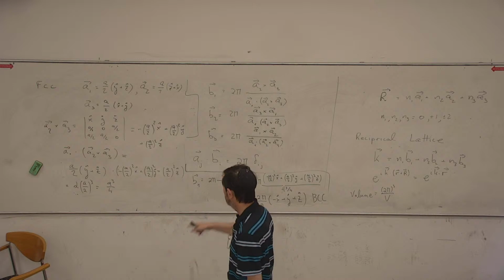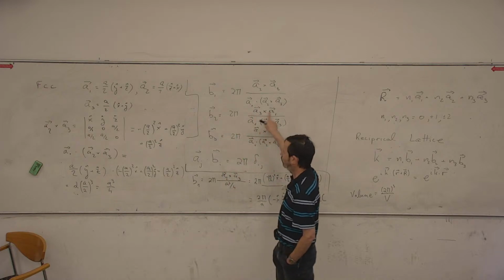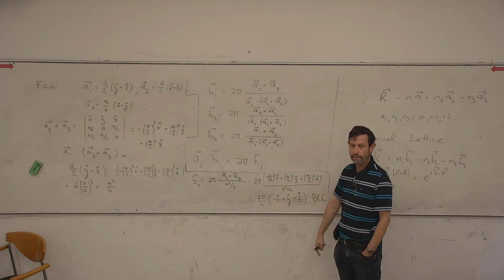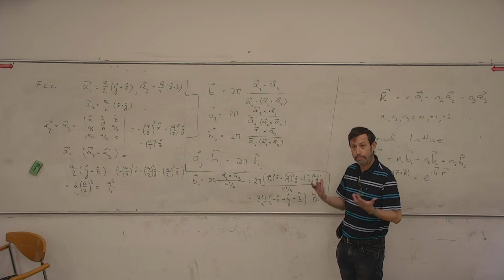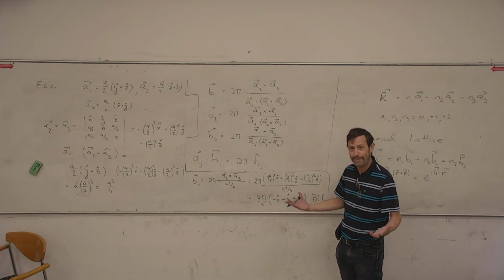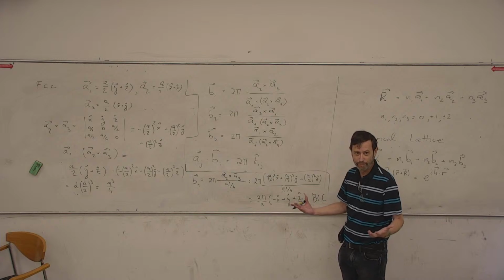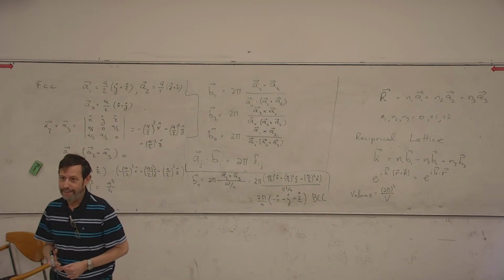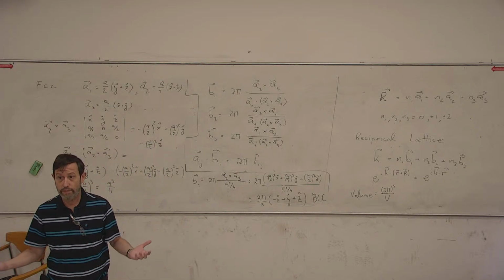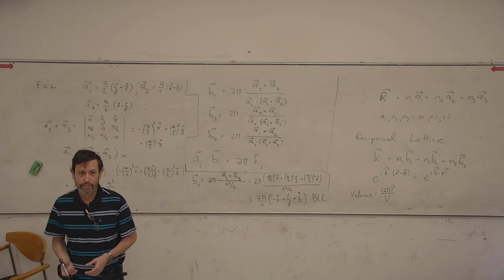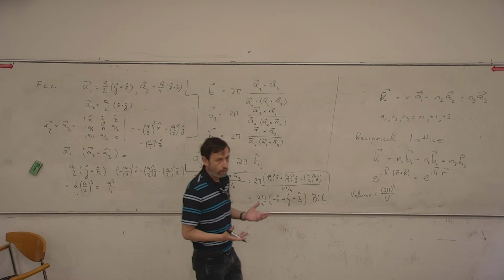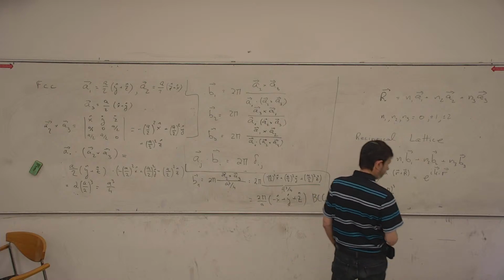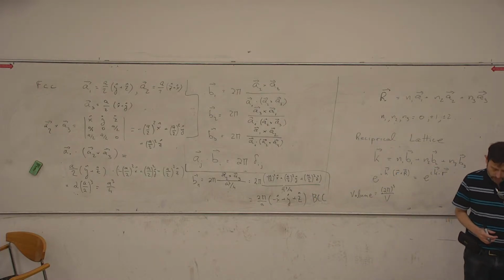They are 1 over length. Look here, you have 2 pi and 3, so it's units of 1 over length. Geometrically, it's in reciprocal space, K space, not in R space. You should already be familiar with it from the Fourier transform. What was length becomes 1 over length. Okay.